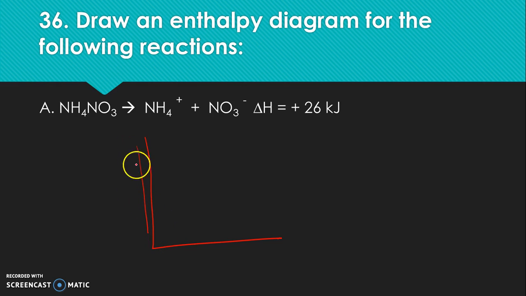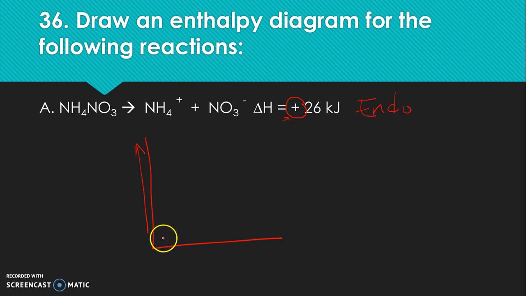Now, as enthalpy increases, if we look at this, first of all, we need to figure out, is this endothermic or exothermic? Well, it's endothermic, right? Because it's gaining energy, right? It's positive.